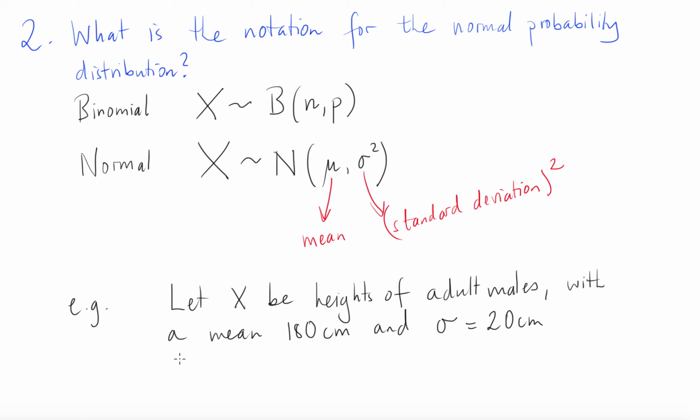Then I could model x using the normal distribution with a mean of 180 and a variance of 20 squared.